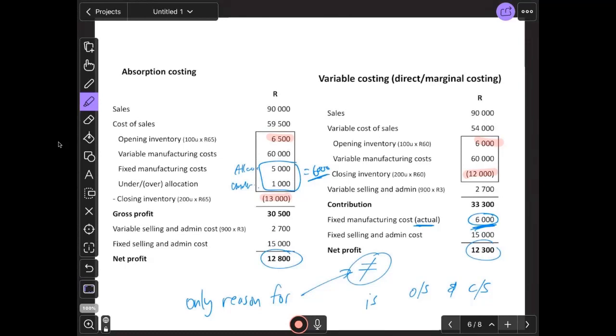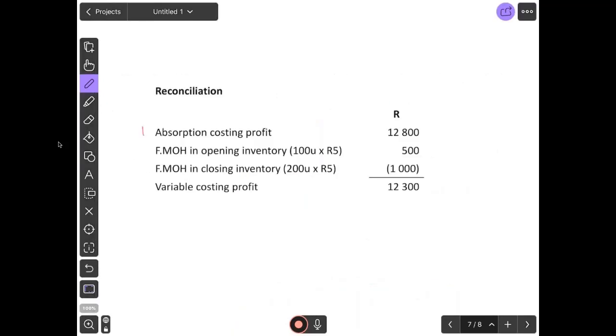It's the change or the difference between opening inventory. That difference there is not the same. And that difference there is not the same. Everything else is the same. So in our reconciliation, what is a reconciliation? That's something simple. I remember when I heard the word reconciliation, I never knew what it means. I just memorized it. But a reconciliation means you start with one thing that you know, absorption costing profit.